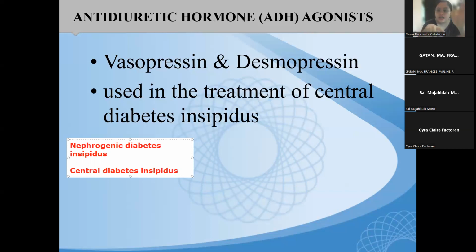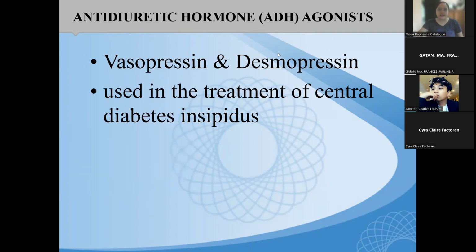For nephrogenic, the problem is the kidneys. Since the problem for central diabetes insipidus is there is not enough ADH, then we give them ADH, and that is the vasopressin. Or if vasopressin is not available in the market, then we can give desmopressin. I hope that is clear, class.